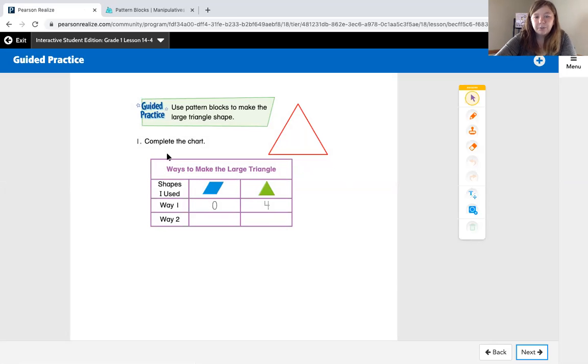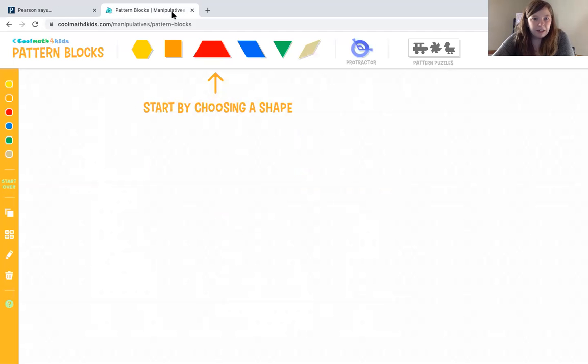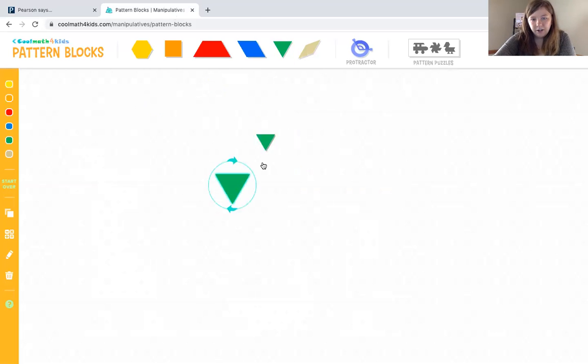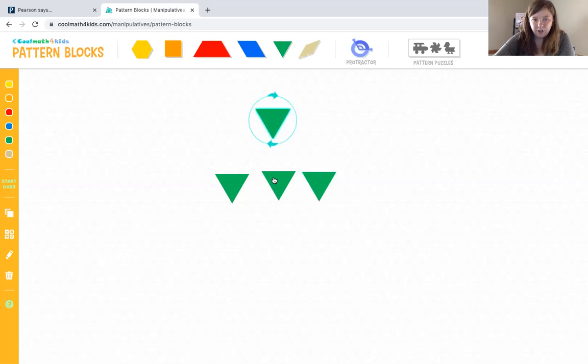So we are going to complete the chart. We are going to make a large triangle using blue and green pieces. So I'm going to switch my screen over here, and I am going to start by grabbing 4 triangles, because that's how many was on our chart. And I'm going to make a bigger triangle.